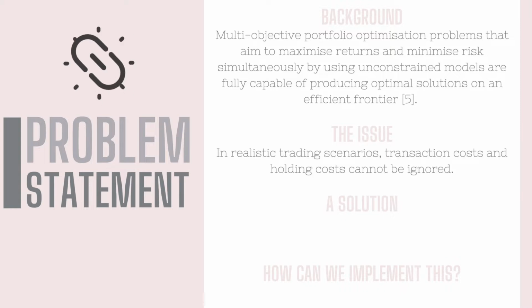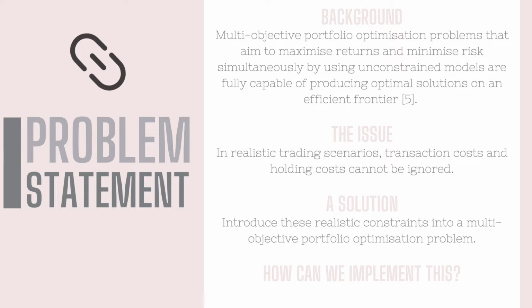However, such techniques pose challenges when considering realistic portfolio problems as they fail to consider constraints such as transaction costs and holding costs, which cannot be ignored in realistic trading scenarios. Therefore, we propose to introduce these realistic constraints into a multi-objective portfolio optimization problem, for which learnheuristics will be used in order to demonstrate which algorithms produce optimal results.